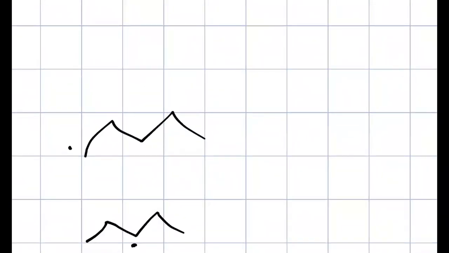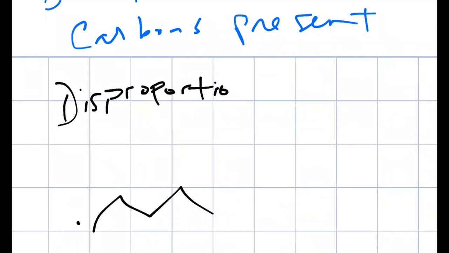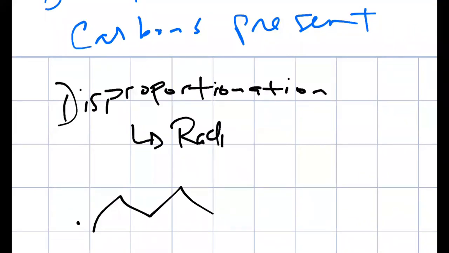Right? So what happens sometimes is what we call disproportionation. It's a big word, but it's not that intimidating. So we have what's called disproportionation. That's when your radicals, let me reword that, your radicals from propagation combine.